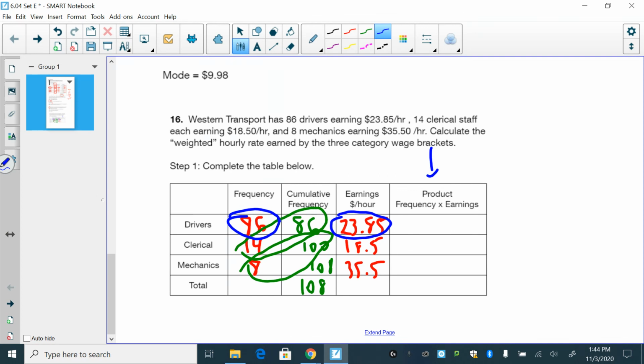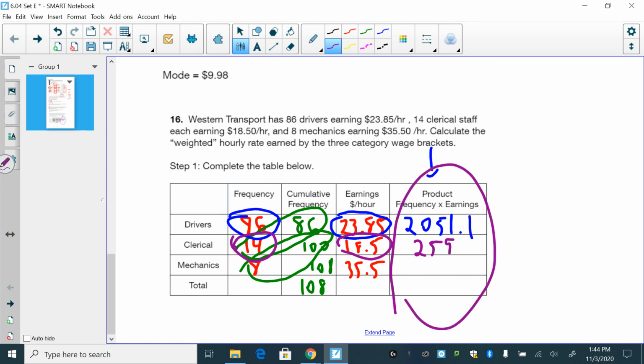And so I get 2051.1. So if I was going to do the next one, I'm going to do 14 times 18.5. So 14 times 18.5 equals 259. And then you do the last one. And then all you're going to do is add these all up. And that's what you're going to write in this last spot. And then you can do the mean, median, mode. And if you're confused, just re-listen to the beginning of this video how to find that.